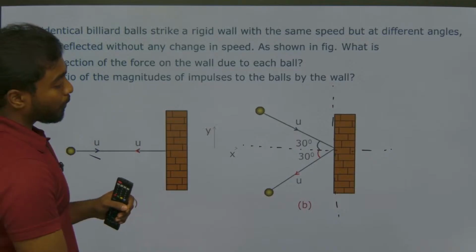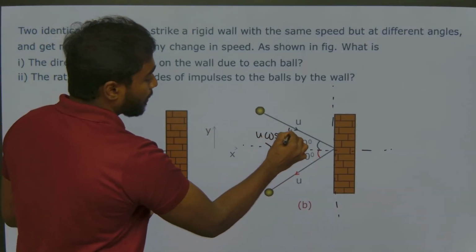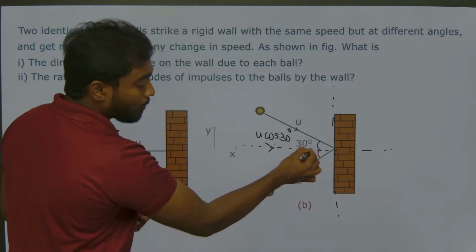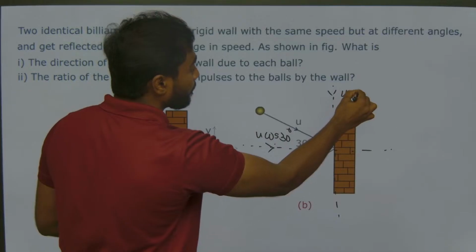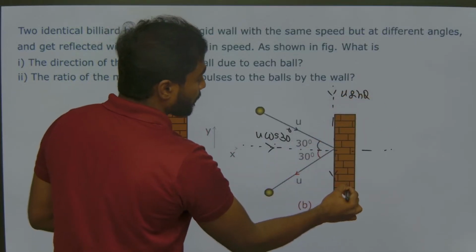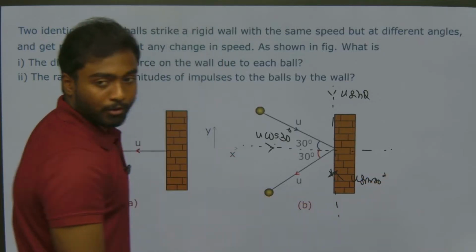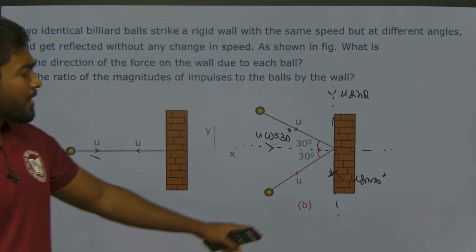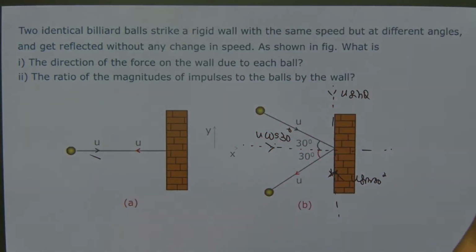The components are u cos 30 degrees, again u cos 30 degrees, and u sin 30 degrees, u sin 30 degrees. In the y component both will cancel each other, and only the x component I will add, okay.